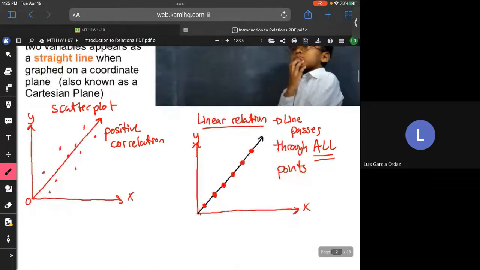So again, on your x-axis goes your independent variable, and on your y-axis goes your dependent variable.